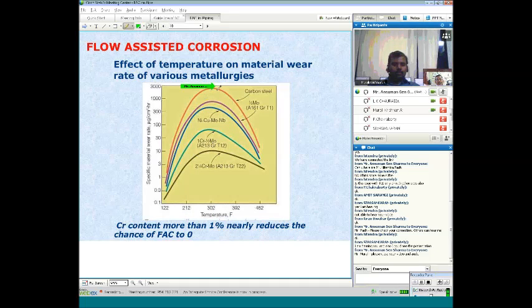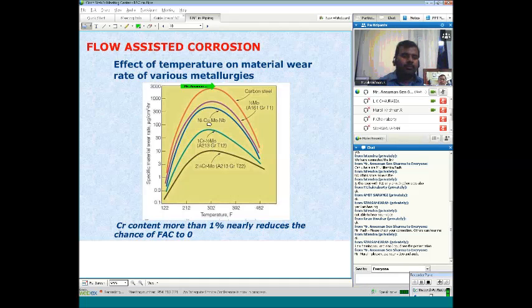Okay. Now, if I want to see the metallurgy, you see for different metallurgy, there are different degrees of FAC wear rate. And it is maximum with carbon steel. As you can see, the alloy steels are coming where the chromium percentage is given. Suppose 1% chromium or 2 1/4%. That is, we are talking about T11, T22, P11, P22 material which is commonly used in the power plant.